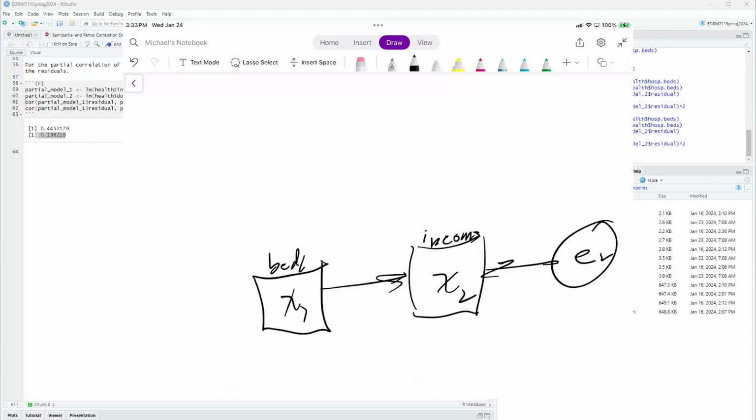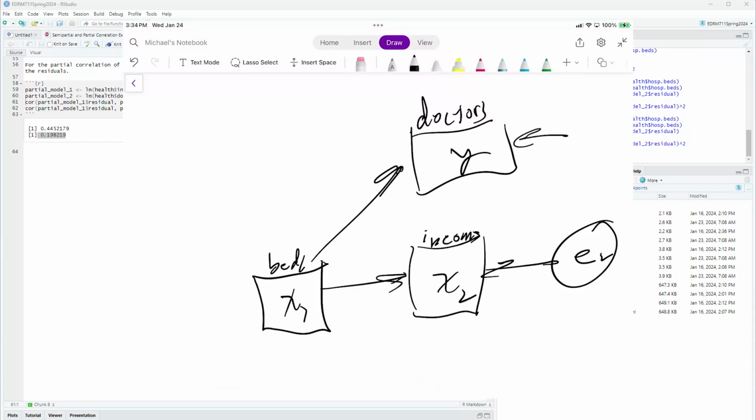Because I'm also going to predict my response variable, which was doctors. I'm also going to predict that from beds. Now, there's a whole bunch of other things that also could go into the number of physicians in a small city other than hospital beds, and that's the residual here.